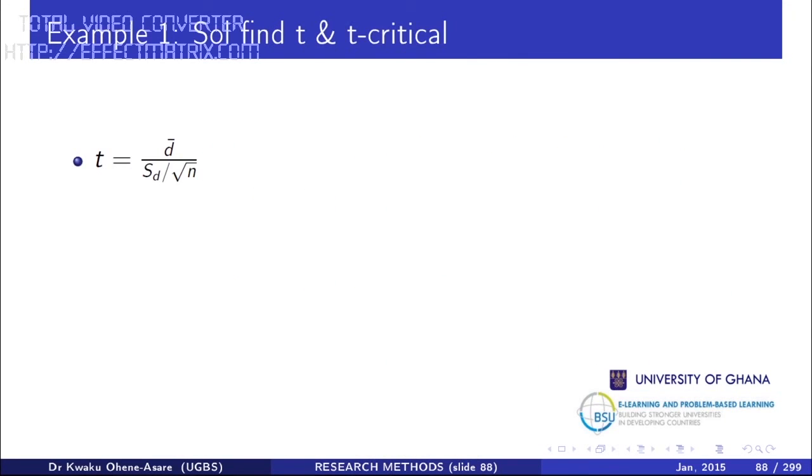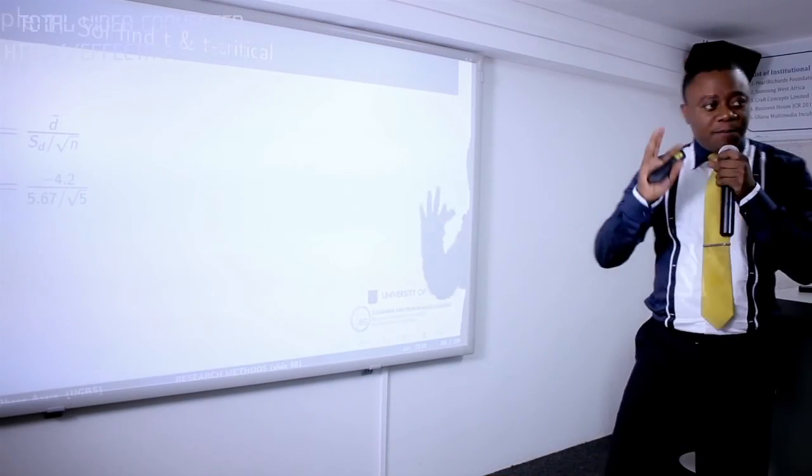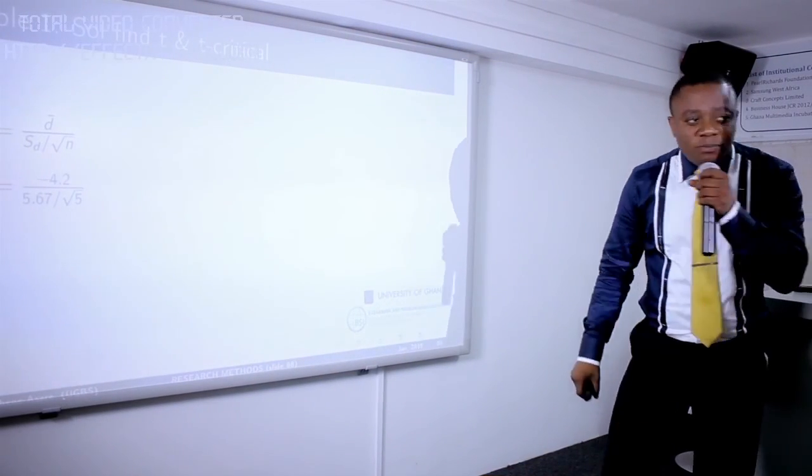Let's go here. So you have t equal to d bar. You substitute every value. Minus 4.2 divided by 5.67, also divided by the square root of 5, which is the sample size. Now, please let me tell you the mistake some people could make.